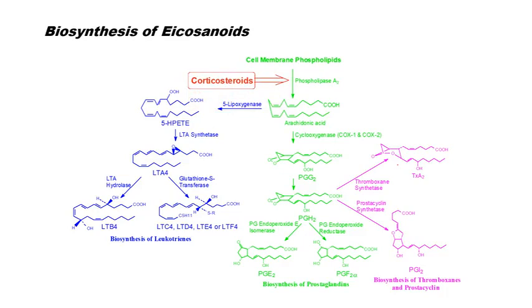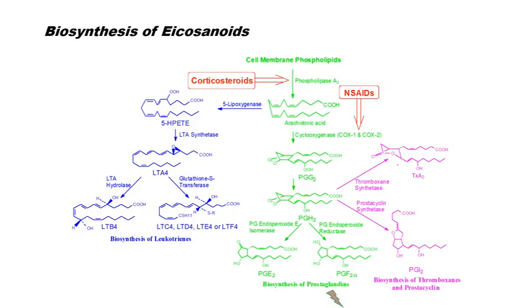Normally, corticosteroids can inhibit the activity of phospholipase A2, and non-steroidal anti-inflammatory drugs are able to inhibit the activity of cyclooxygenase. So, using a non-steroidal anti-inflammatory drug will block the cyclooxygenase enzyme, leading to the accumulation of arachidonic acid.